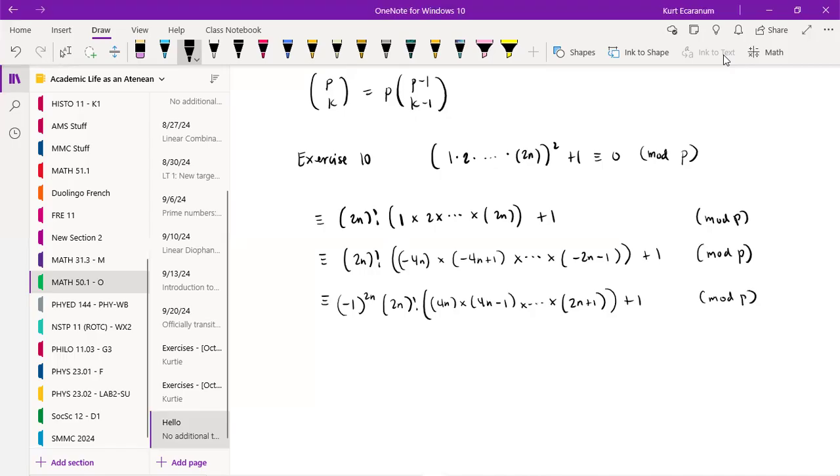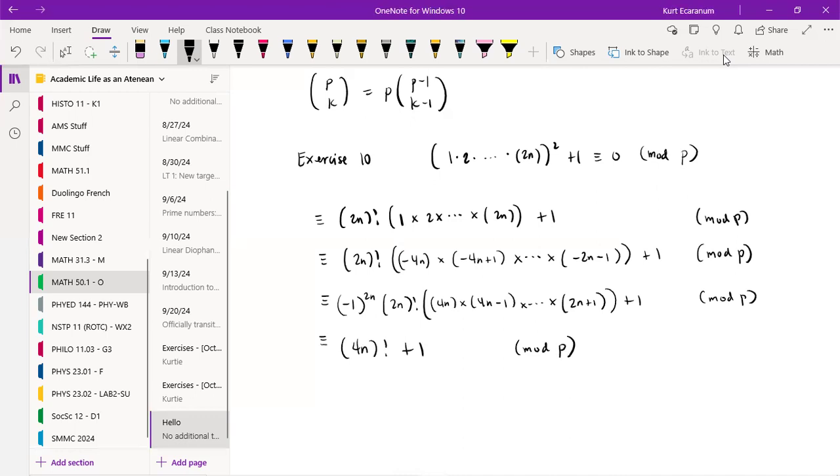The negative 1 to the 2n is 1, so we disregard that. 2n factorial, and then we multiply the numbers from 2n plus 1 to 4n, so we have 4n factorial plus 1 mod p.